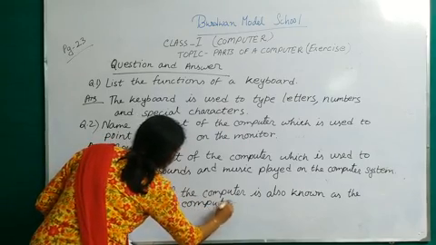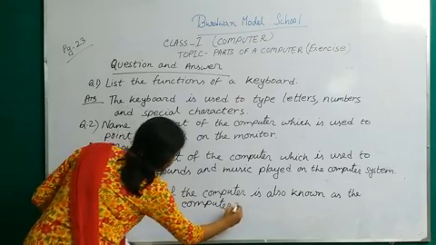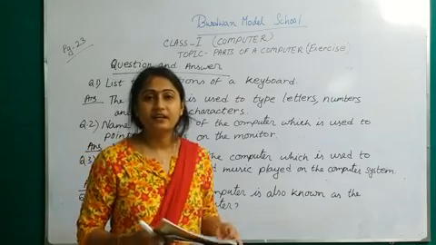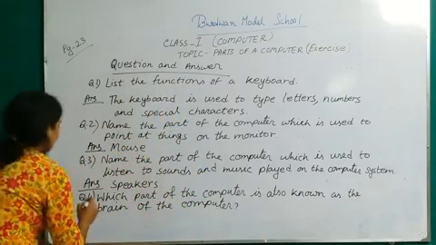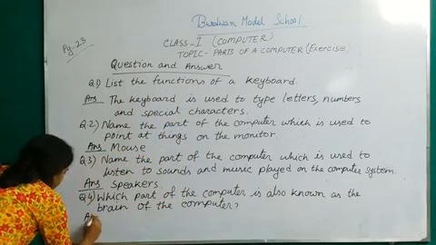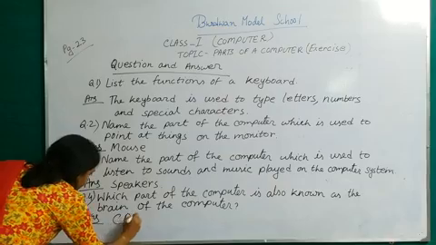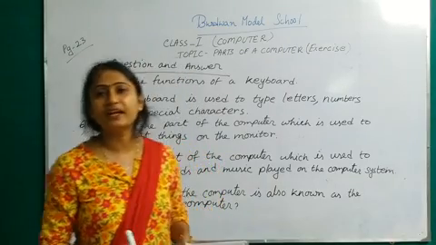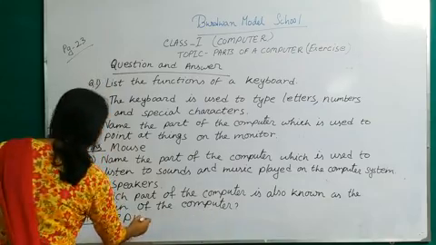Which part of the computer is also known as the brain of a computer? Which part? CPU. Write the answer. CPU. In capital letters. C for central, P for processing and U for unit. CPU.